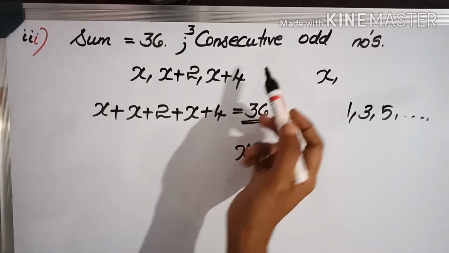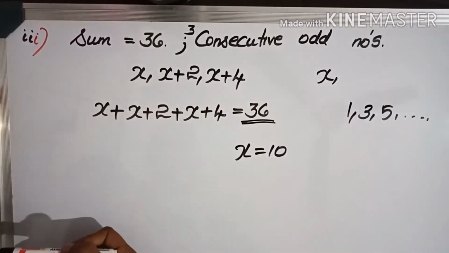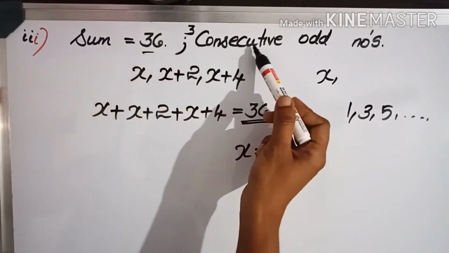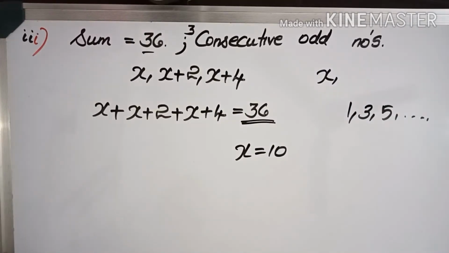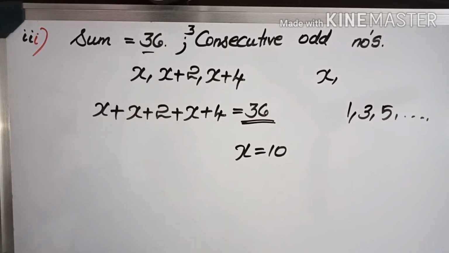That means the sum of three consecutive odd numbers is not 36. 36 is the sum of three consecutive even numbers only. In order to get an odd sum, we must have a number other than 36, because we already proved in the second sub question that the answer is 36 for the even numbers.